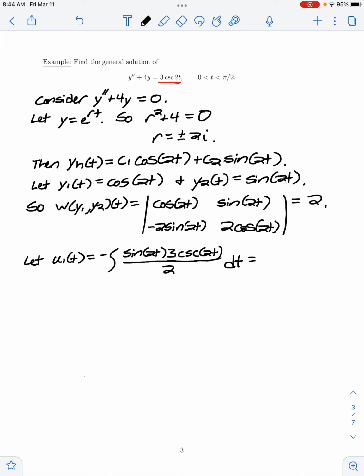So here we could pull out a factor of 3/2 in front of my integral, and I'm left with the integral of sine 2t times cosecant 2t. Now we know that cosecant is just 1 over sine, so when I take this product, I'm left with just a 1. And so my antiderivative is then negative 3/2 t.